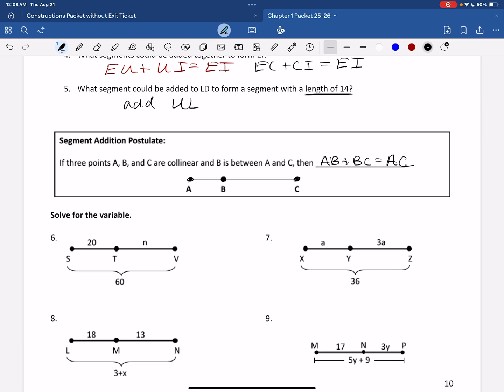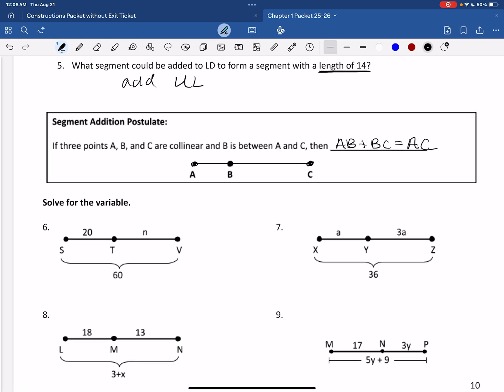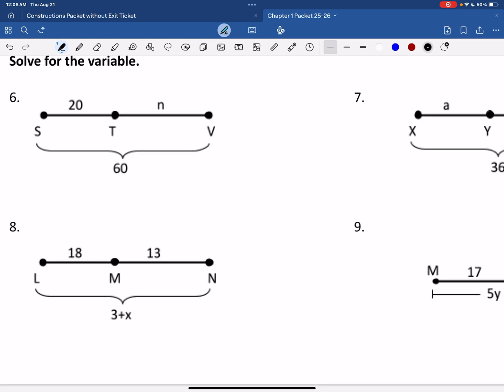So let's go ahead and put that to work, and we're going to solve a couple of equations. So right here, we're going to say that ST plus TV is equal to SV. So now let's write the equation, fill it in.